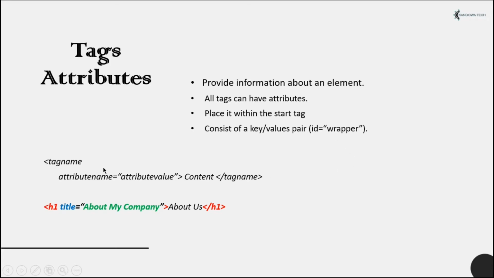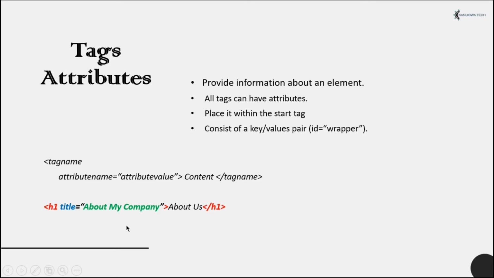This is the format of how you can write an attribute: a tag name, which can be an h1, and then an attribute name, which can be title, and then an attribute value, which can be about my company, and then this is the content, and then you close it off with the tag name.